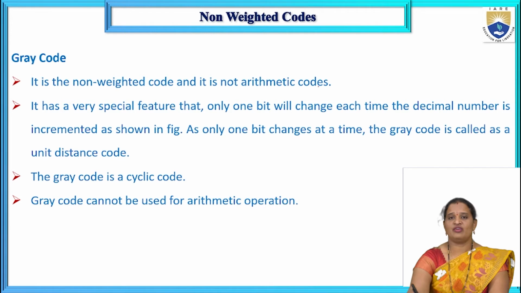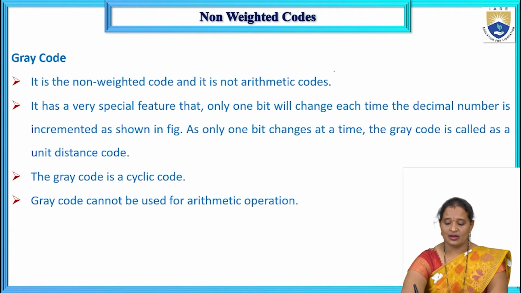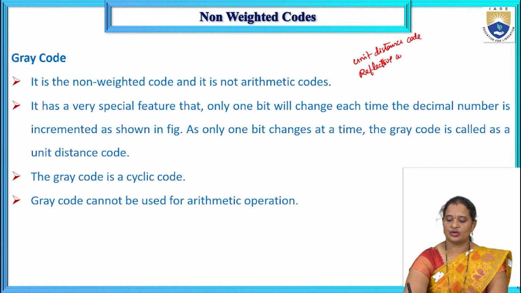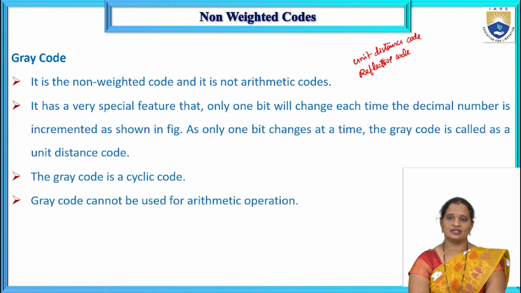We can also call this gray code a unit distance code. The other names for gray code are unit distance code and reflective code. Why is it called unit distance and why is it called reflective code? We'll be looking into it.